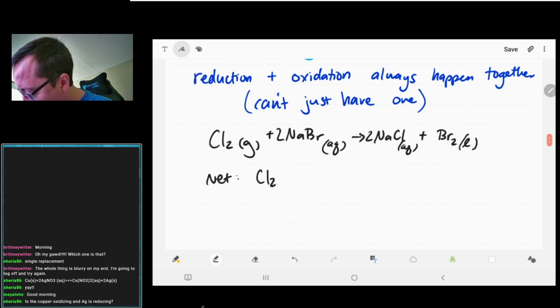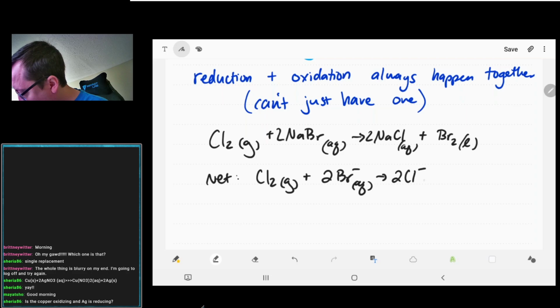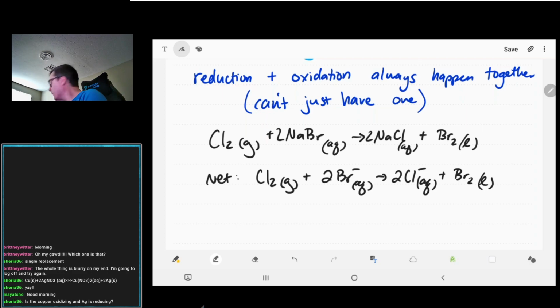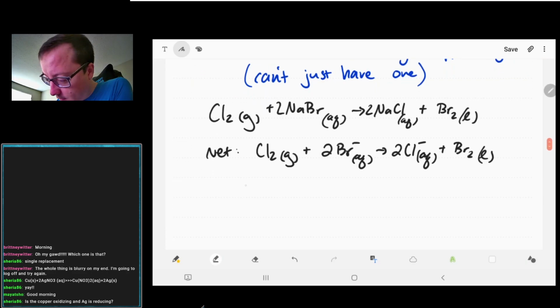Okay, now let's figure out what's happening here in terms of oxidation and reduction. Looking at the net ionic equation of a single replacement reaction, we can see very clearly what's happening with these electron transfers. Let's look at the two elements here, chlorine and bromine.